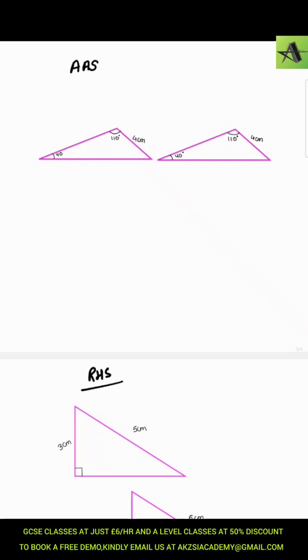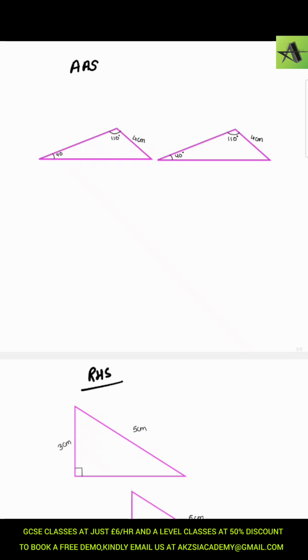There is no side in between which has to be equal, else it will become ASA. So the next would be A again. So angle and corresponding angle. And then finally the corresponding side and the corresponding side. So in this case, you can clearly see it's angle, angle and side, and in this order they are arranged.